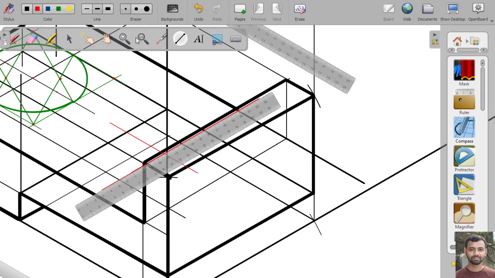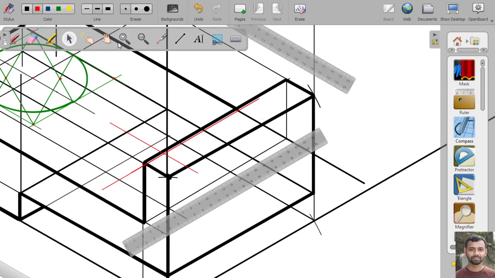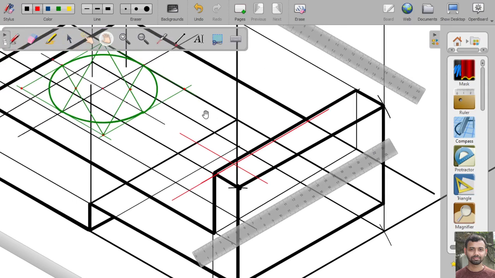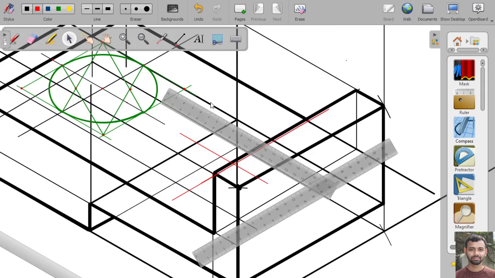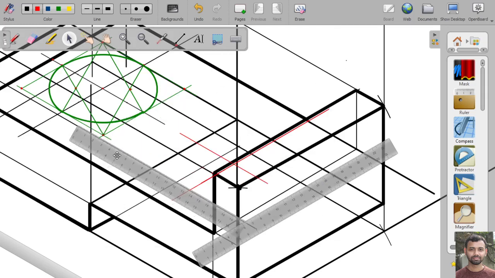Okay. So now another thing we can do over here: we can extend these lines. If we extend these lines, we can get these lines also.